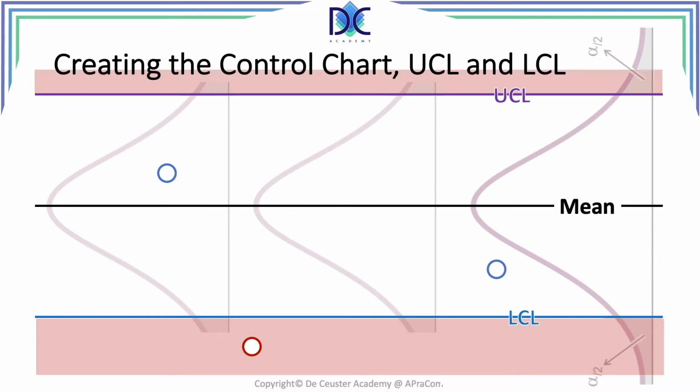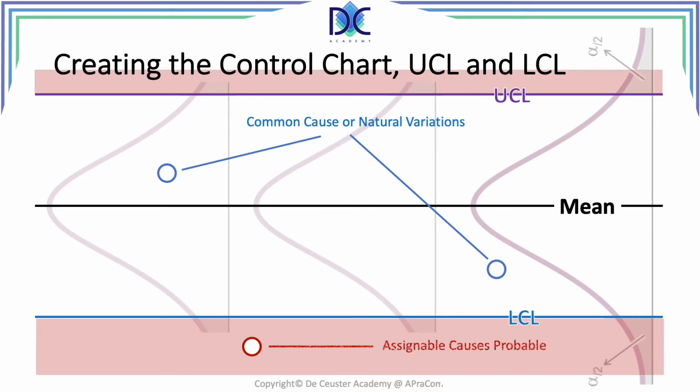So basically we can say that the difference in position is in fact due to common cause or natural variation. These samples are accepted to be correct. Unfortunately, for the sample below, we will conclude that we have to reject the null hypothesis and accept the alternative hypothesis saying that the sample is out of specifications.